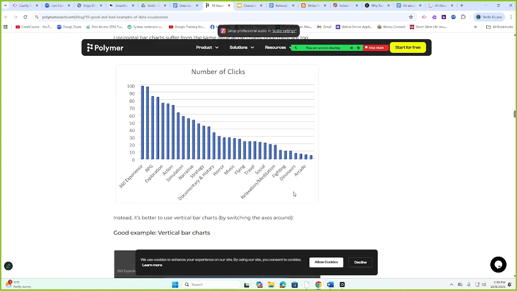Take a look at that. Look at the x-axis down there: 360 experience, RPG, exploration, action, simulation, and it goes on and on.